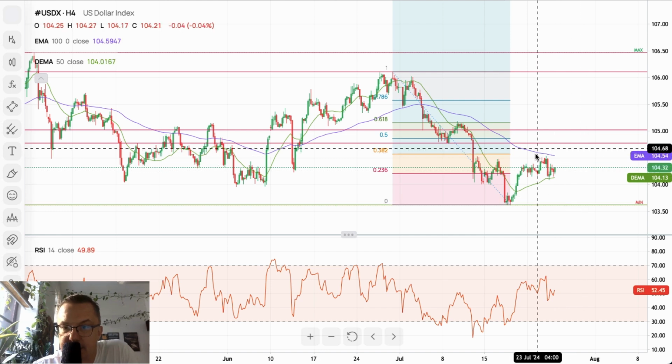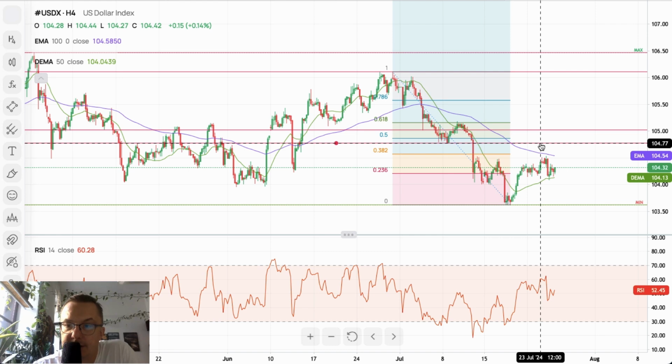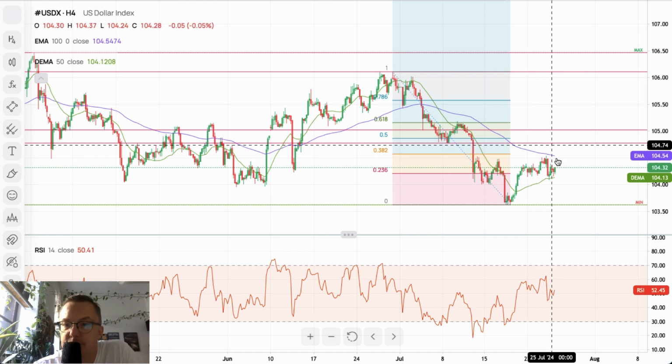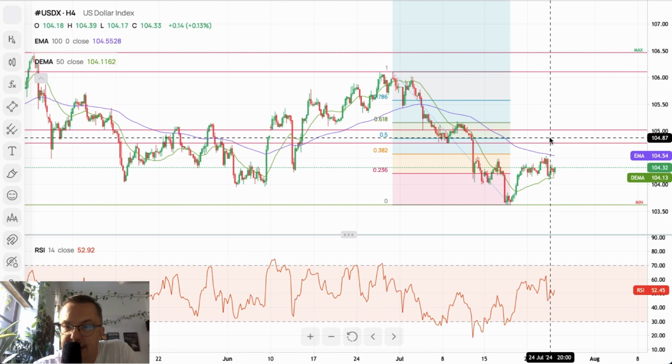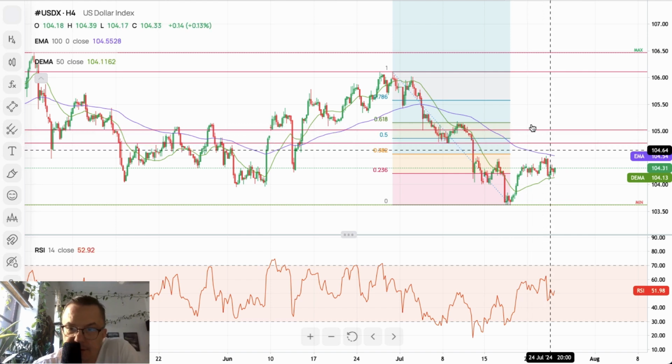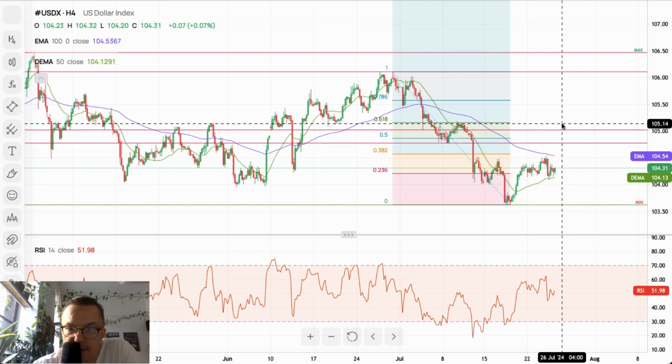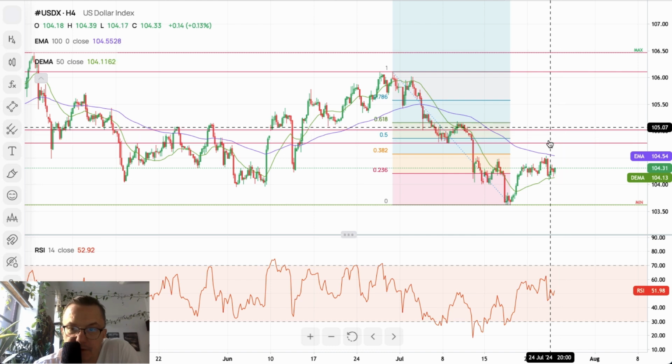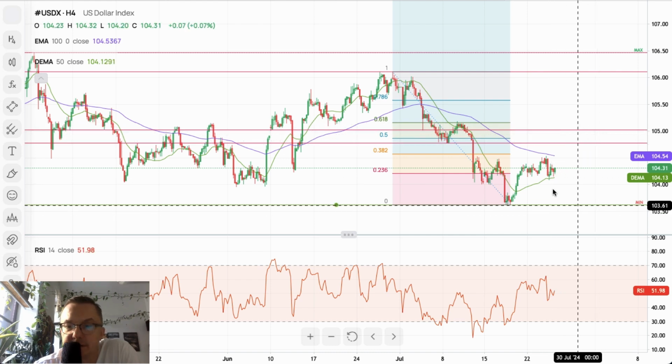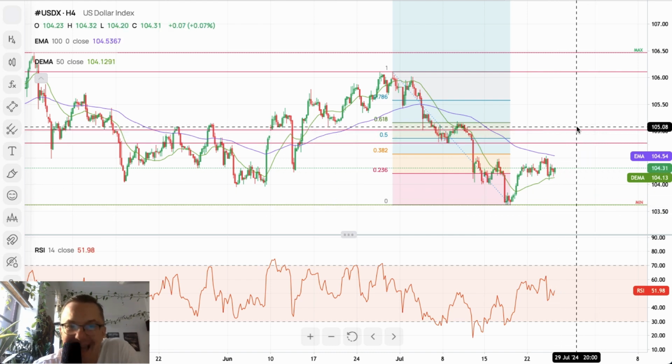However, any breakout higher would open this level here, 104.77, for a test, or the 100 period moving average, and then the 50% Fibonacci retracement, 104.87, for a test. Okay, so a very nice zone here for the bears to push the prices lower if the bulls get there.